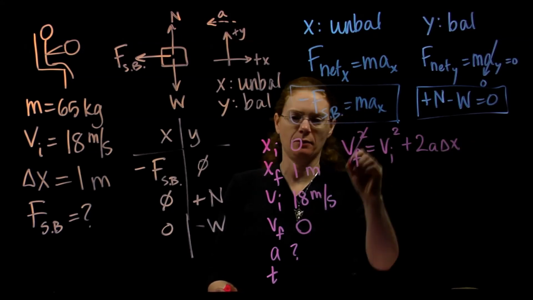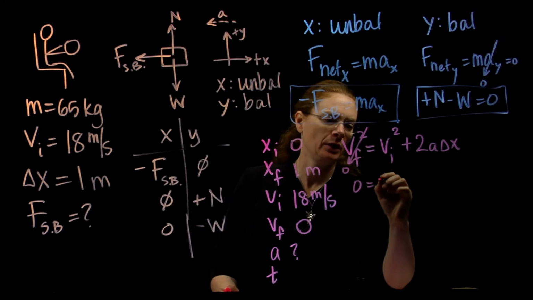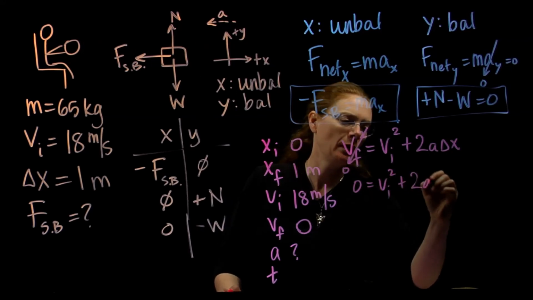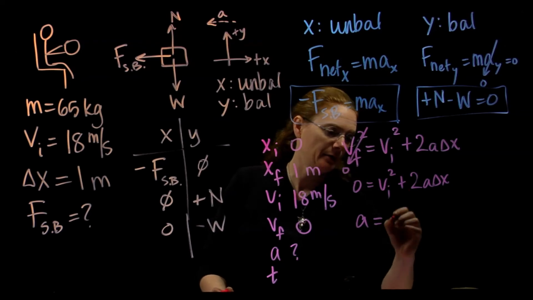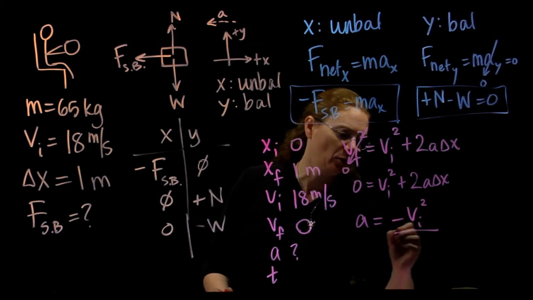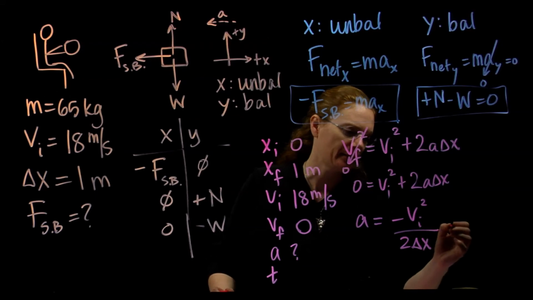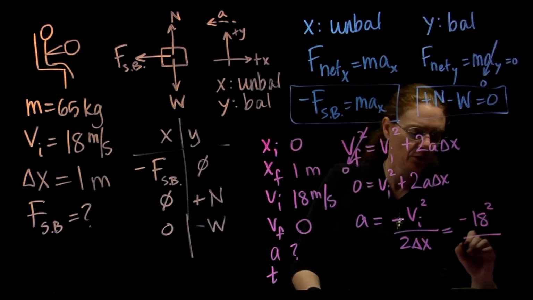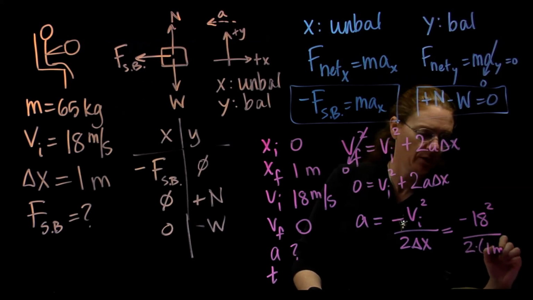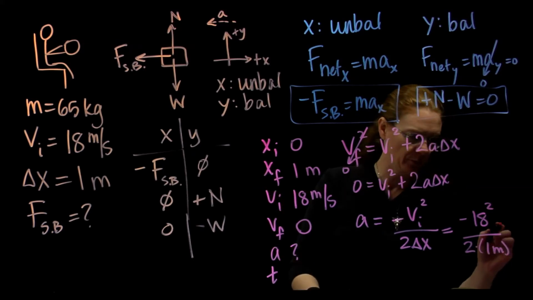V final is 0. So 0 equals V initial squared plus 2a delta X. If I solve that for acceleration, I get a equals negative V initial squared over 2 delta X. 18 squared over 2 times 1 meter. Final minus initial is a positive 1 meter.